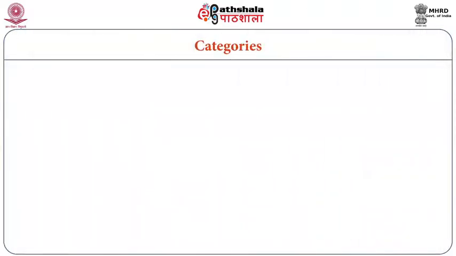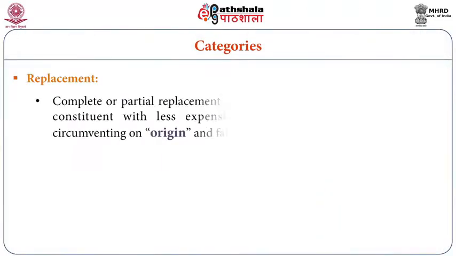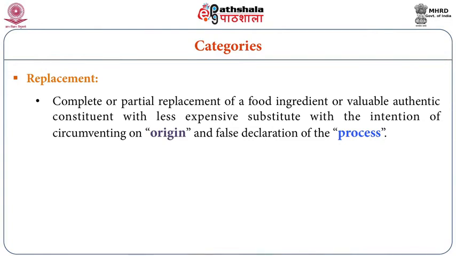So these are the adulteration issues in the society. And when you look at the categories of food adulteration, food adulteration is done by replacing complete ingredients, by partial replacement, by adding some excess amount, or by removal of a vital ingredient.